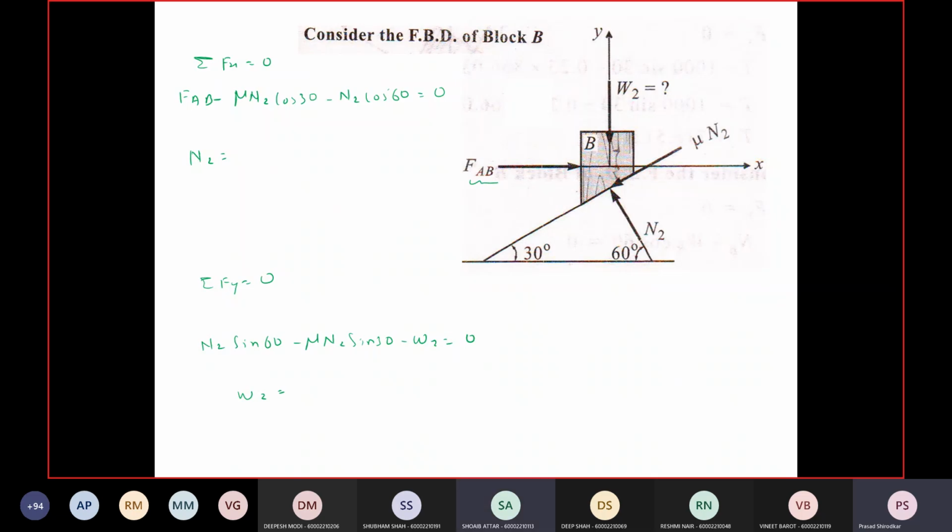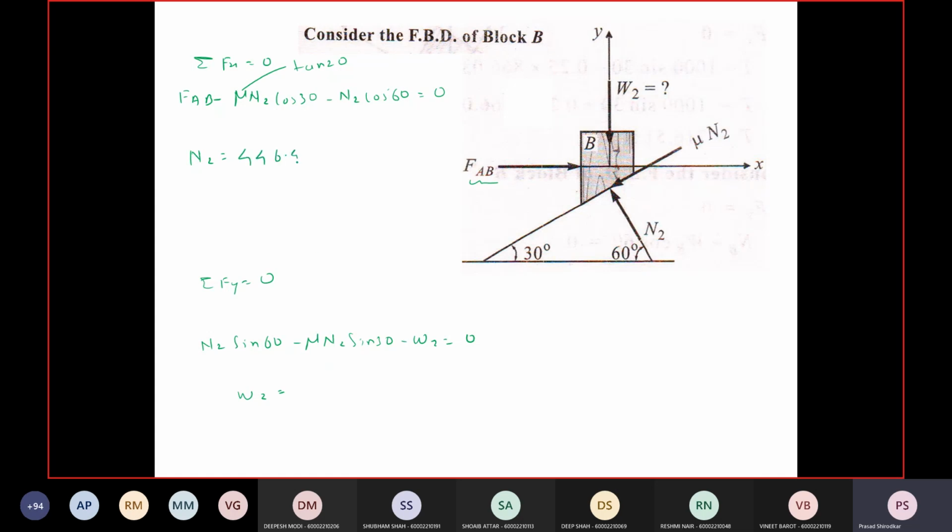So what is the value of mu? Mu is again tan 20. 446.512, correct.